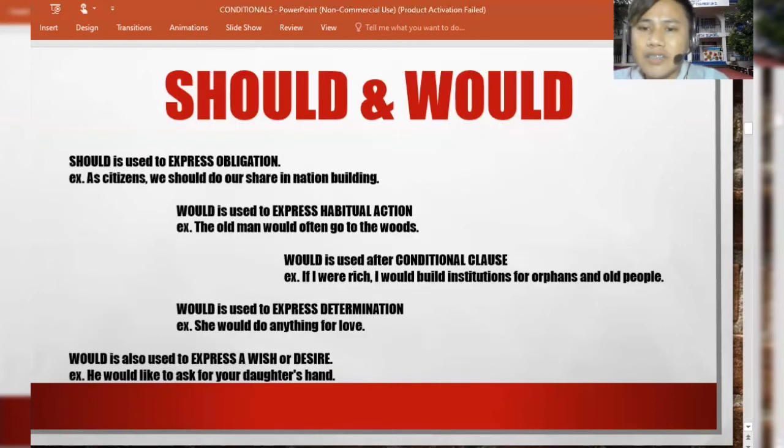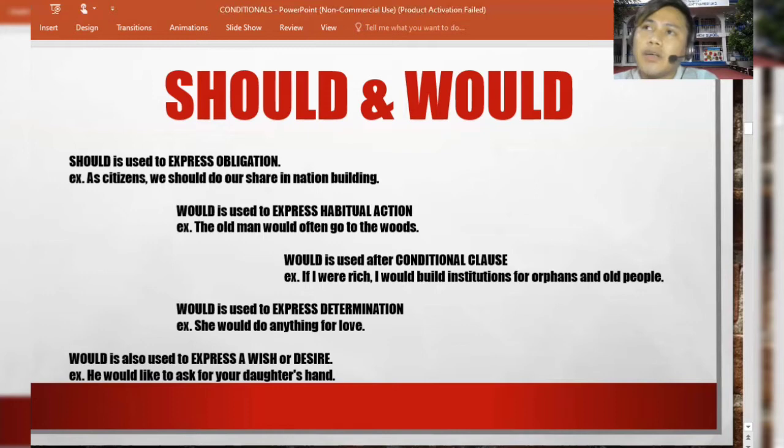All right. So let me just give you additional information about modals because we just discussed a few of the modals in our previous lesson. But I've also shared this in your chat groups. And I hope that you have learned something about these modals that I have shared with you. So we have the should and would. So we use should when we are expressing an obligation. It is more likely the same as ought, all right?